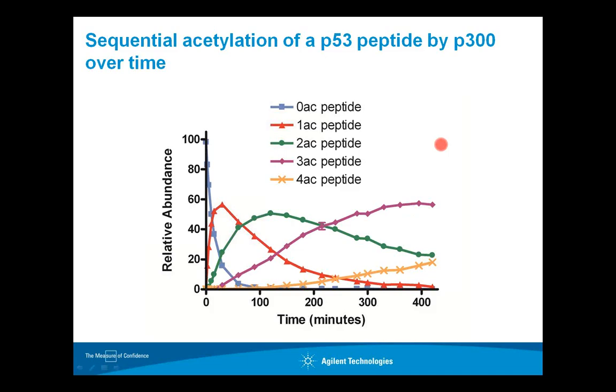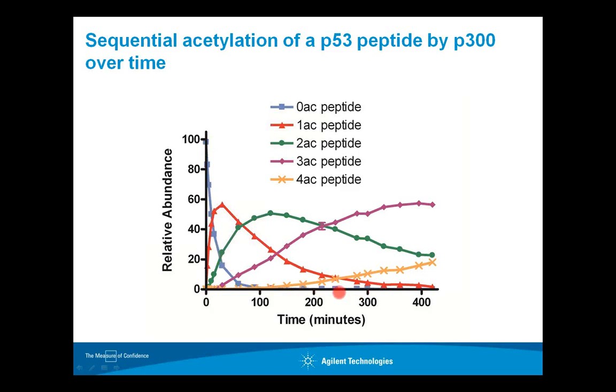So here, this is RapidFire data with a triple quadrupole mass spectrometer. So you can see what we're looking at is sequential acetylation over time. So as we combine this P53 peptide with P300, the blue line is 0 acetylation. So at time 0, the peptide is not acetylated by P300.